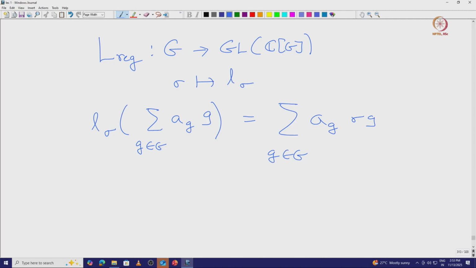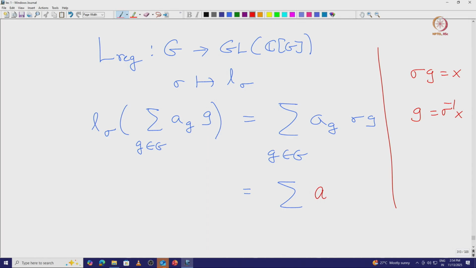If we rewrite this using a different index, we can write sigma g as x. Then g becomes sigma inverse x.